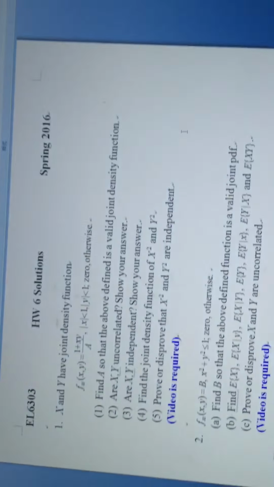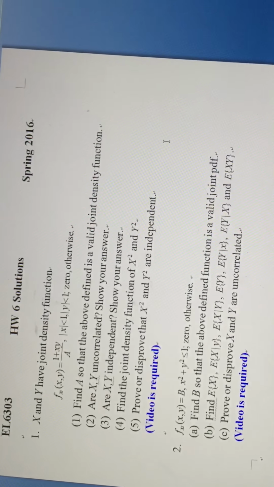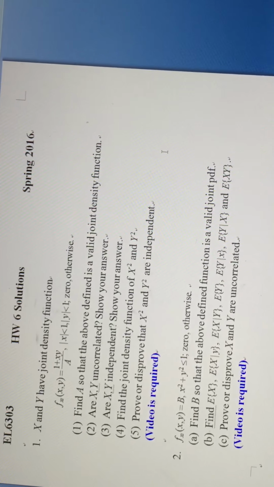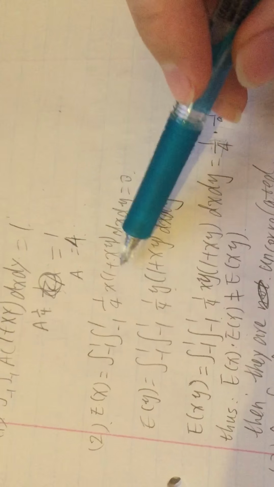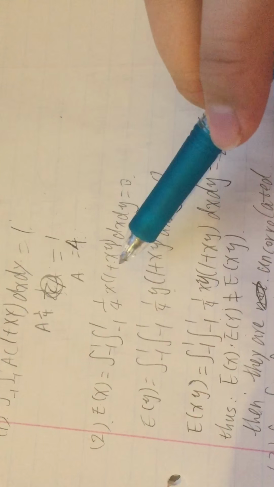In the second question, we need to find out whether X and Y are uncorrelated. We need to find E[X] first. We do the same thing with the double integral dx and dy.